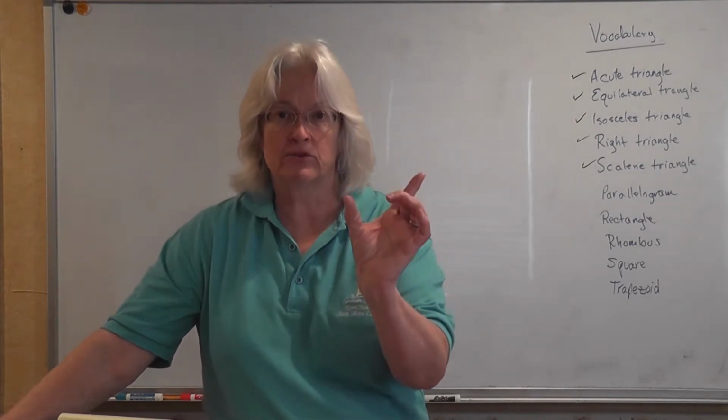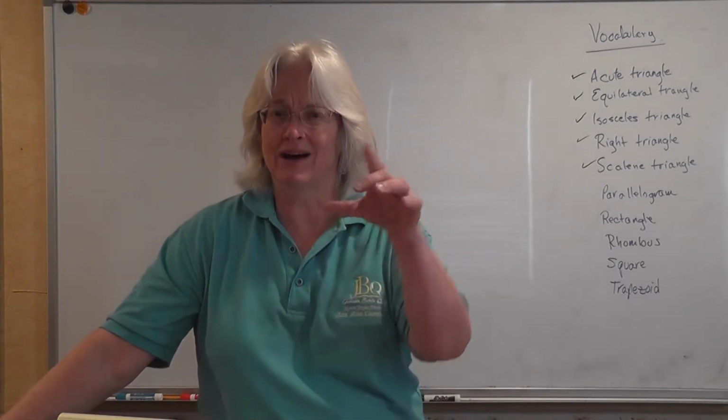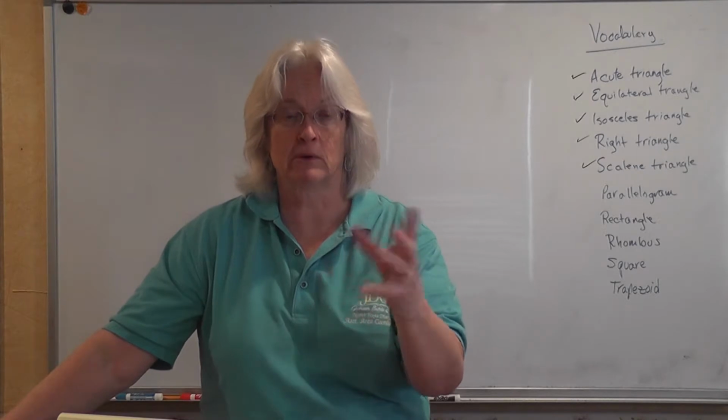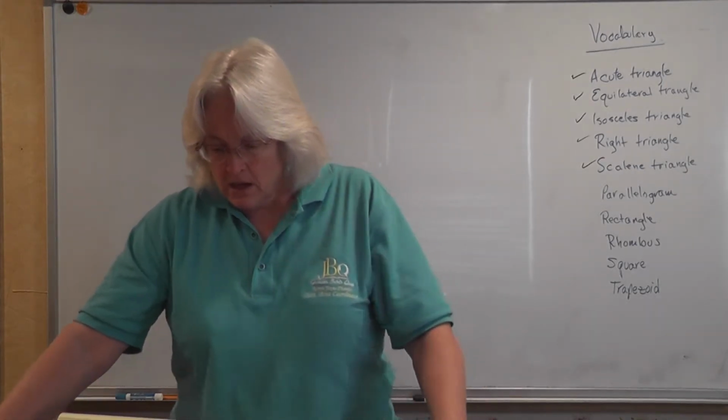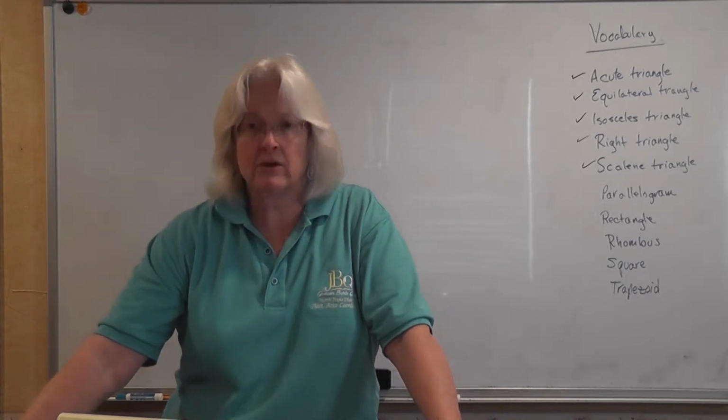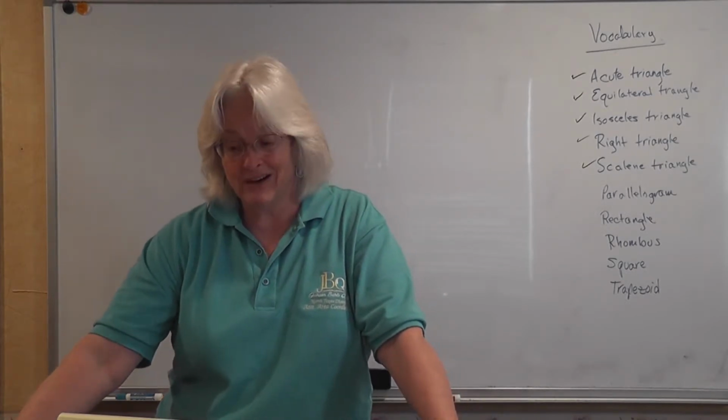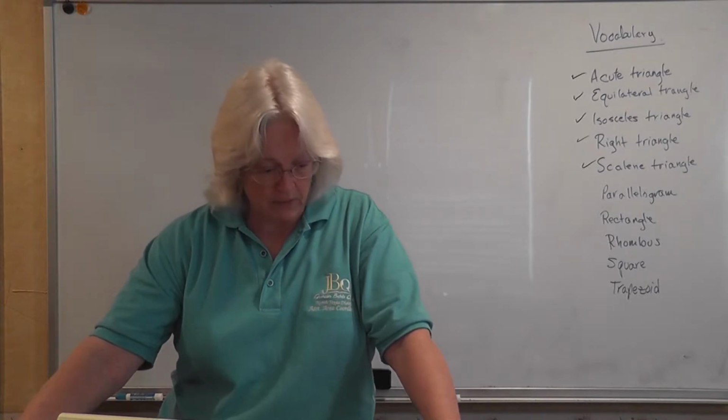So an equilateral triangle can also be called an isosceles equilateral triangle, but equilateral triangle is more specific. And you can be thinking, oh my goodness, a lot of vocabulary. Yeah, there is a lot of vocabulary.